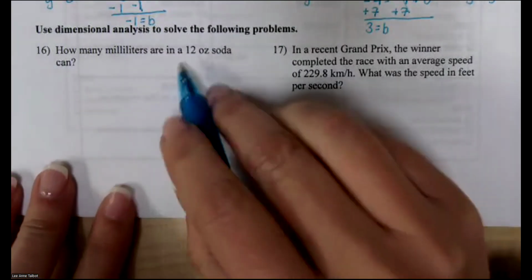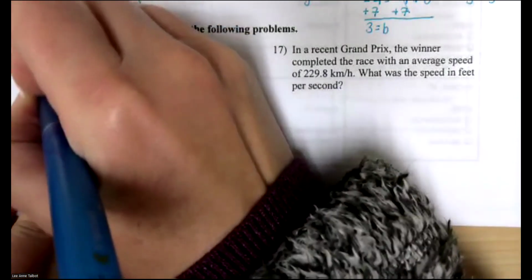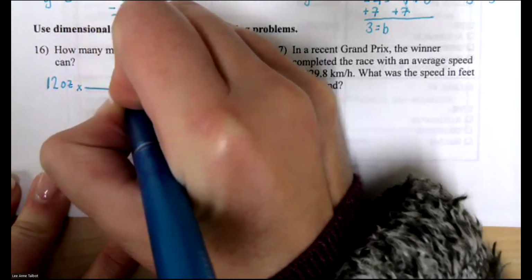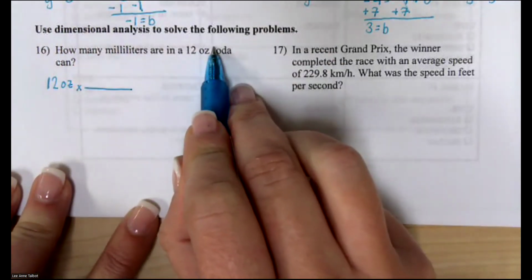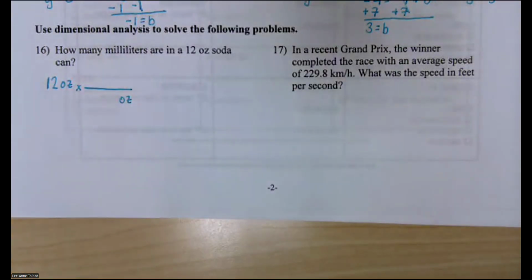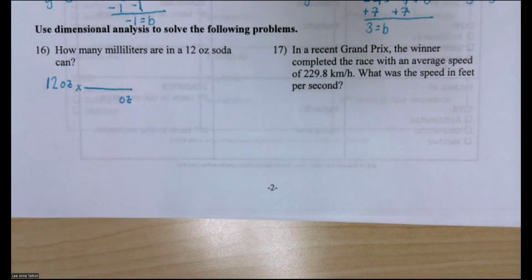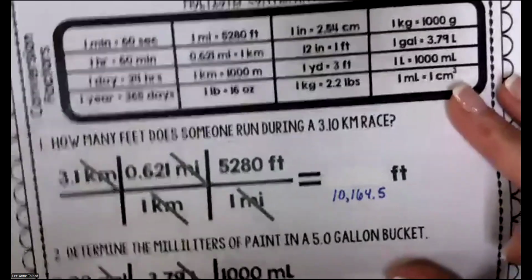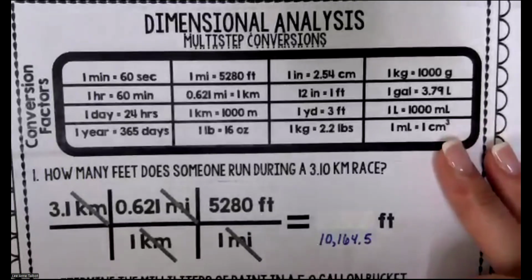Okay, how many milliliters are in a 12-ounce soda can? So 12 ounces. This is not a rate. They gave you ounces, so you start with ounces, and we know we're going to have to put ounces on the bottom to cancel it. The problem is I don't know anything about ounces. I'm looking at this thing.